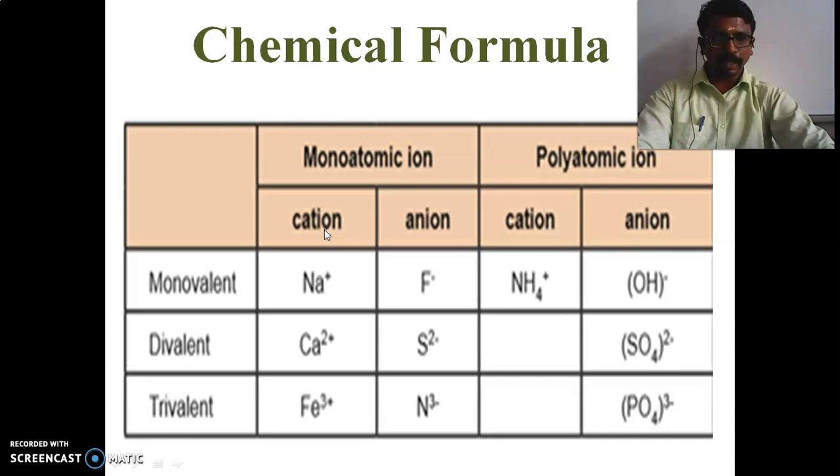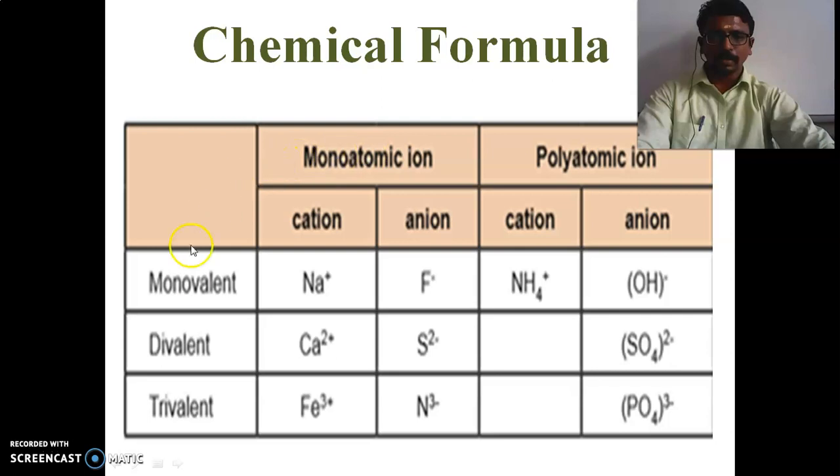In this manner we have to write the formula for all chemical compounds. For that we have to know the cation's valency and anion's valency. It is very important. Let me discuss.